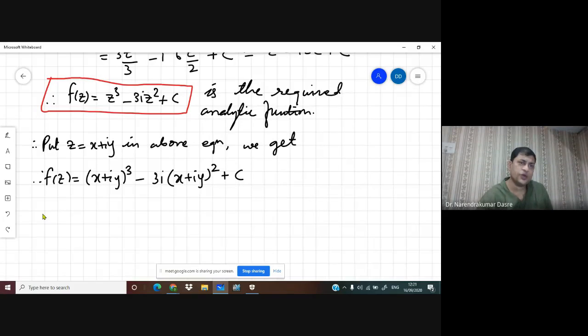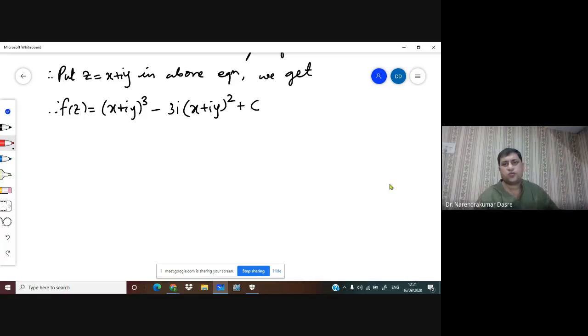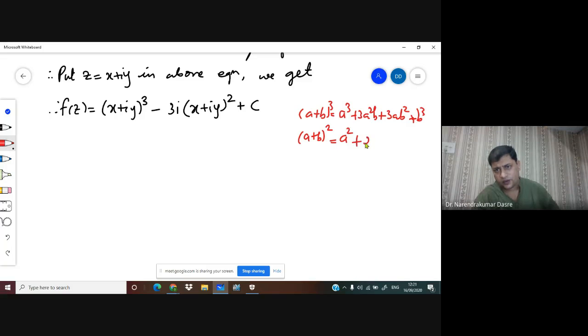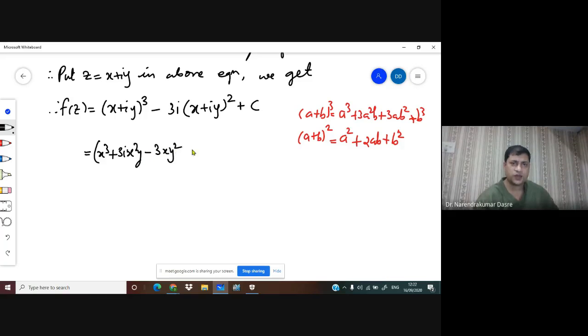Okay. So we have to simplify this. What we know is (a plus b) cube is equal to a cube plus 3a square b plus 3ab square plus b cube, and (a plus b) square is equal to a square plus 2ab plus b square. So using this formula for the expansion, we get x cube plus 3i x square y minus 3xy square minus i y cube.